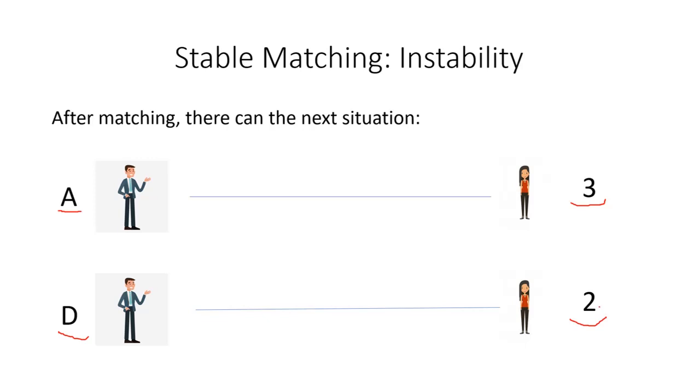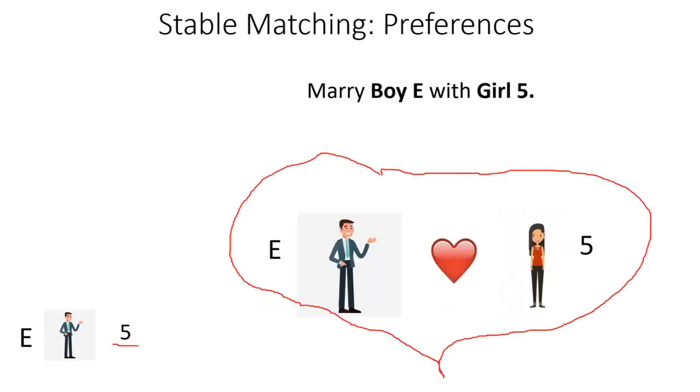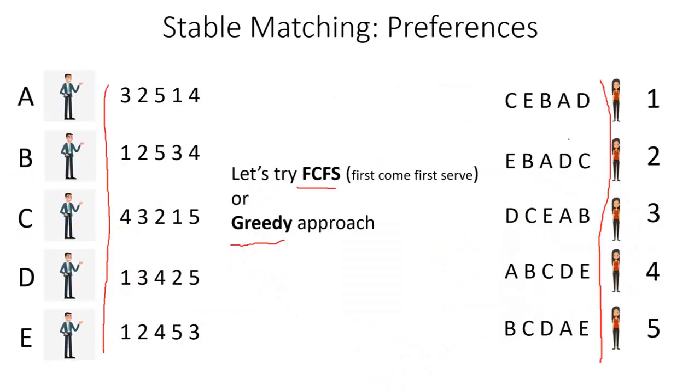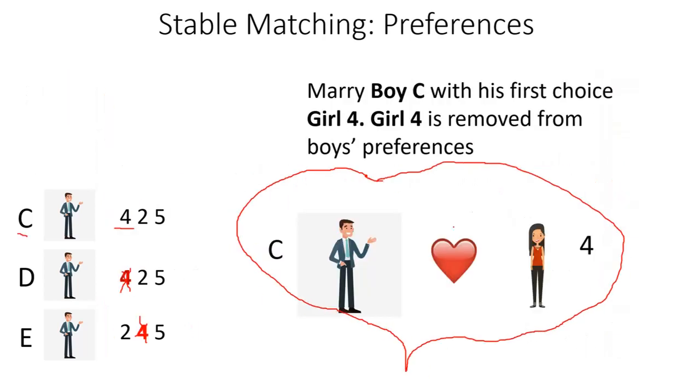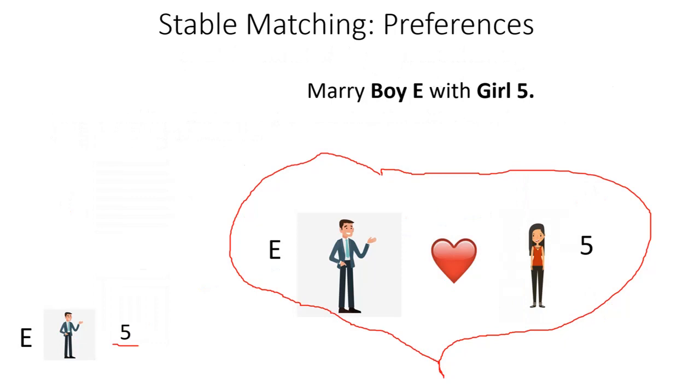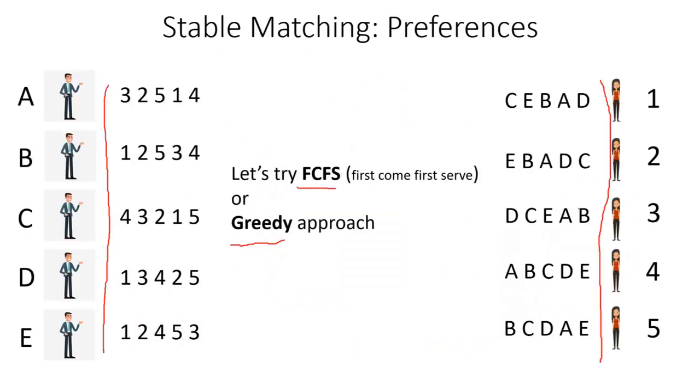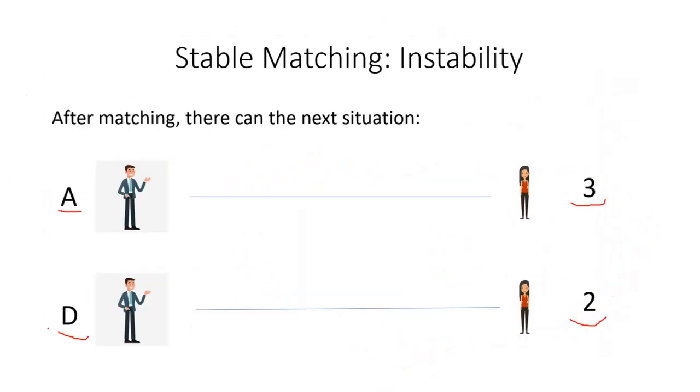But if you take a look at the preference list of girl 3, we see that boy D is more preferable than boy A. Boy D is in first place for girl 3, while her current partner, boy A, is lower on the list. And the same goes for boy D. Right now, the current partner of boy D is girl number 2.